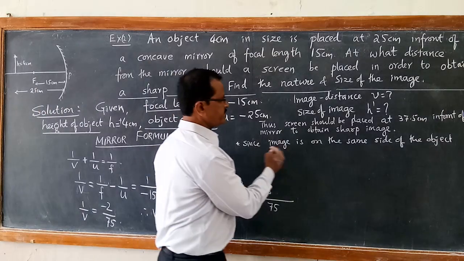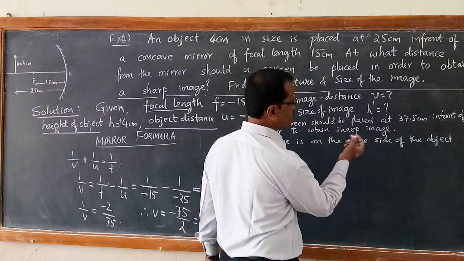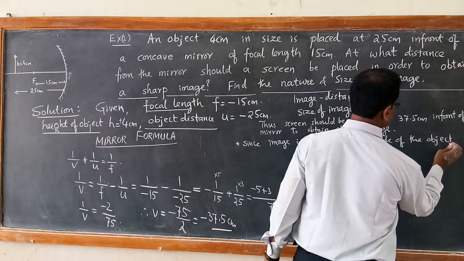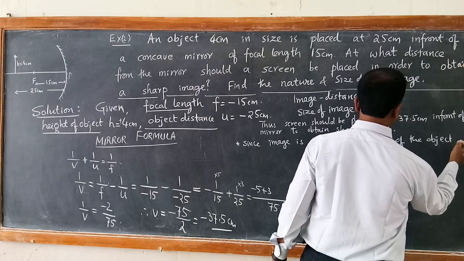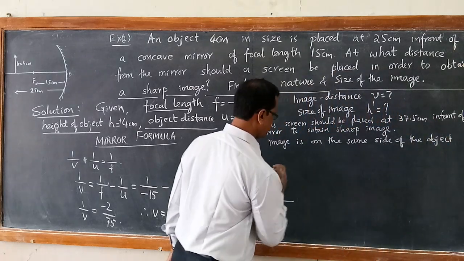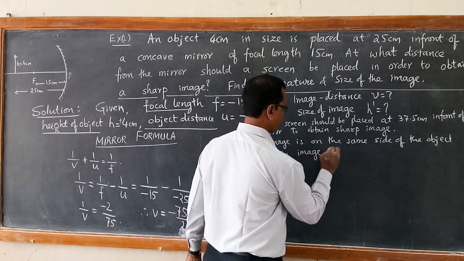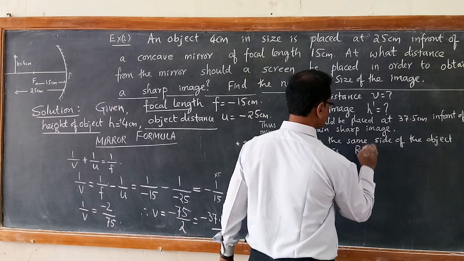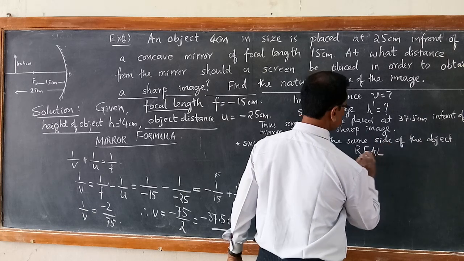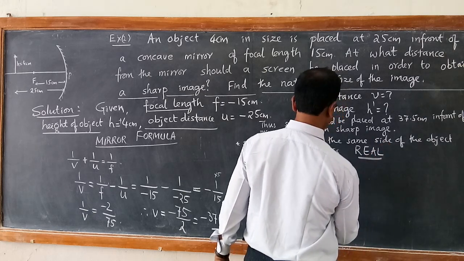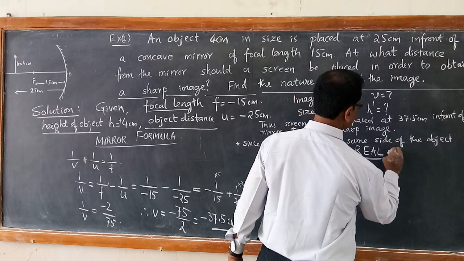Since the image is on the same side of the mirror, the image is a real image. So this is the nature of the image.